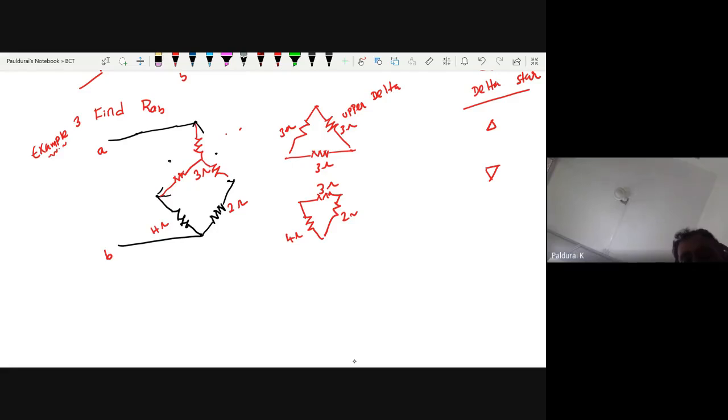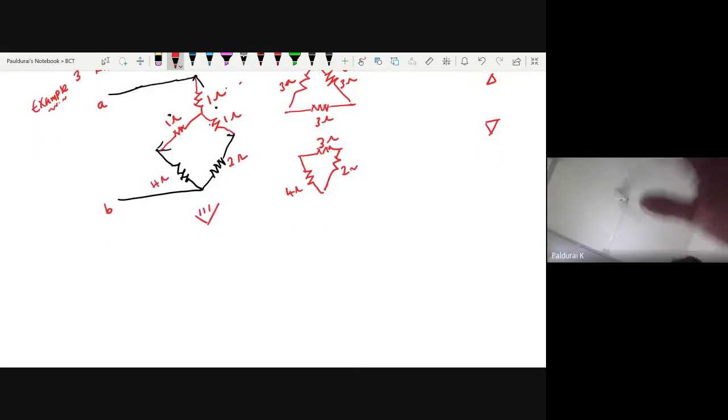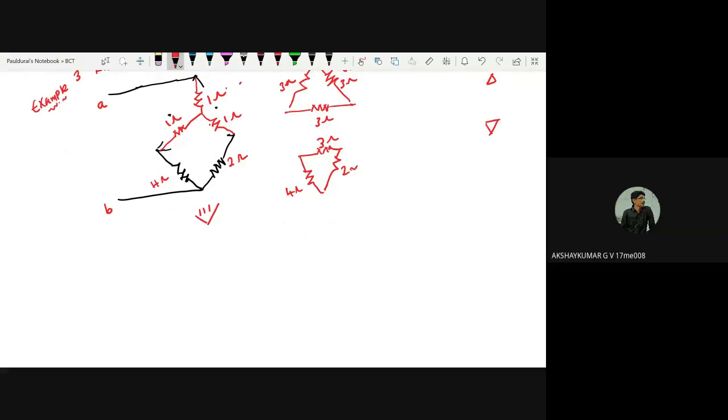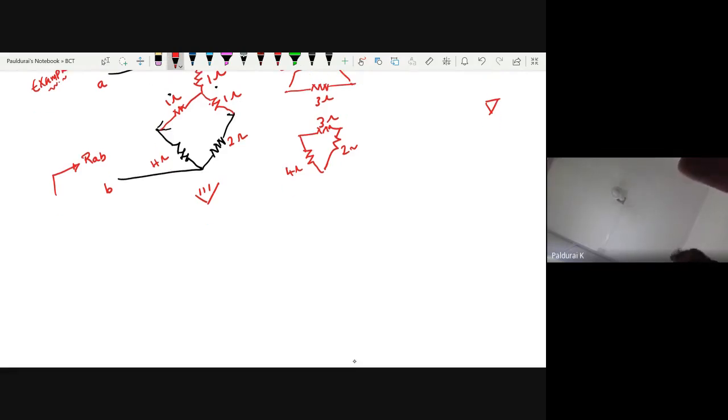What I did, I converted the upper delta into star. If you convert it, this is 1 ohm, this is also 1 ohm, this is also 1 ohm. Now how will you find the equivalent? Is it easy to calculate RAB now? Yes, sir. Now what is RAB? 1 and 2 are connected in series, so it will give you 3.